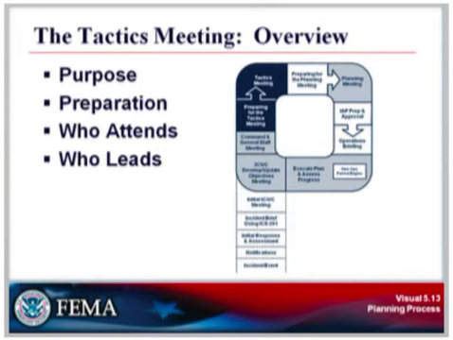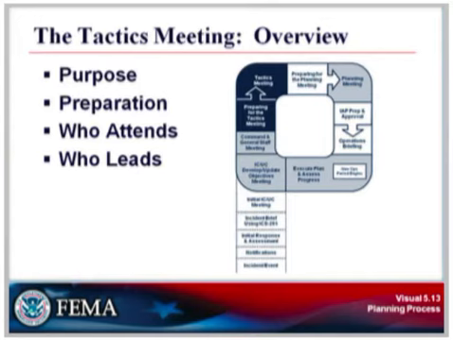The Operations Section Chief, Safety Officer, Planning Section Chief, Logistics Section Chief, and Resource Unit Leader attend the tactics meeting. Prior to this meeting, the General Staff take all needed steps to prepare by assessing current tactics and resources. The Operations Section Chief leads the tactics meeting.